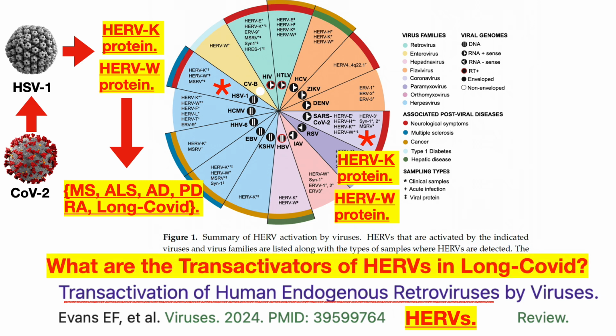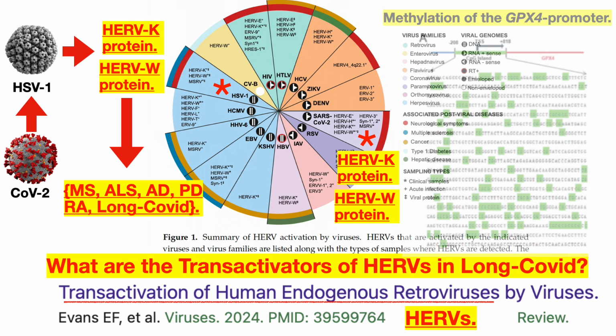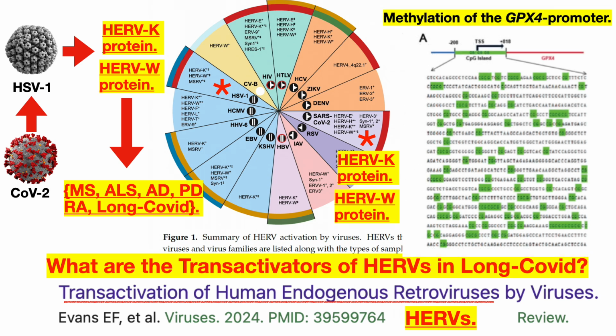So what are the transactivators of HERVs in long COVID? Now I would like to connect to a separate YouTube series on this channel where we discussed the hypermethylation of the GPX4 promoter. Recall that GPX4 is the abbreviation for glutathione peroxidase 4.